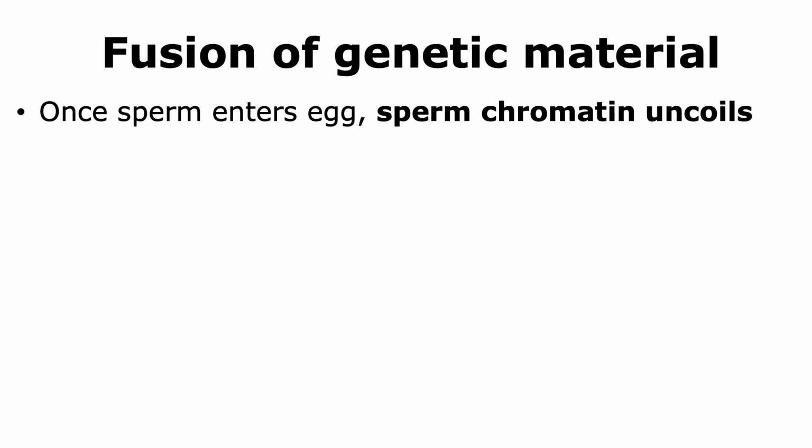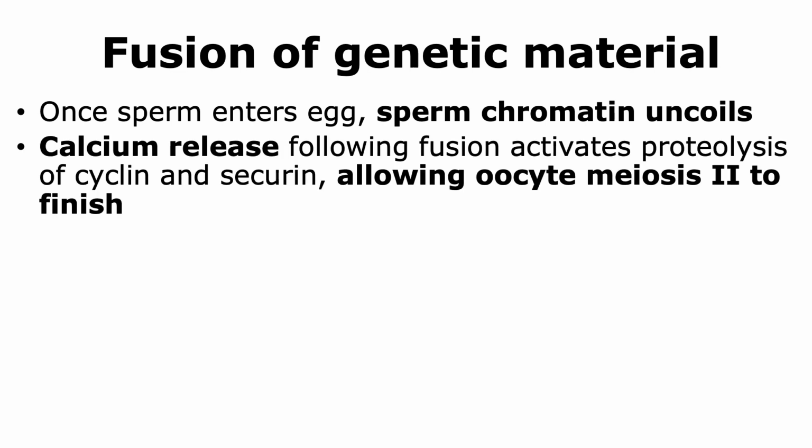Now let's look at how the fusion of genetic material occurs. Once the sperm enters the egg, the sperm chromatin decondenses. So if you recall, the DNA that is present in the sperm is very tightly compacted, and hence, once the sperm enters the egg, the sperm chromatin can start uncoiling and get decondensed.